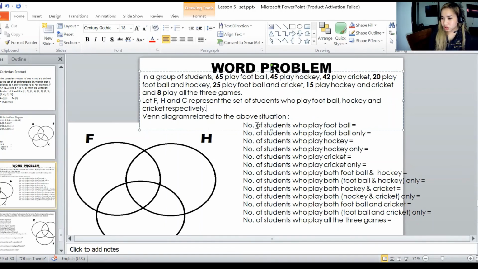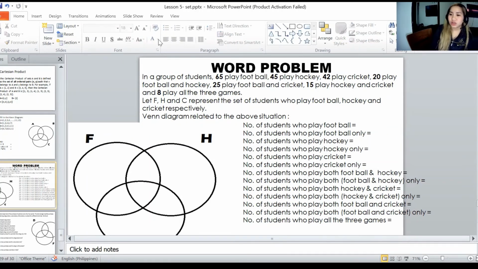Nahanapin niyo po yung number of students who play football only, hockey only, cricket only, football and hockey only, hockey and cricket only, football and cricket only, and lahat nung naglalaro ng 3 games. So, let's begin. Paano nga ba siya kinocompute and paano siya ina-apply dito sa Venn diagram?